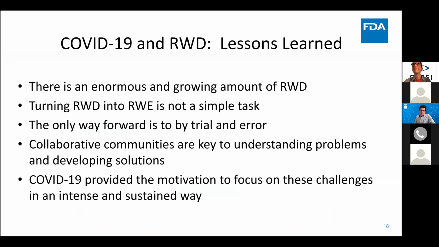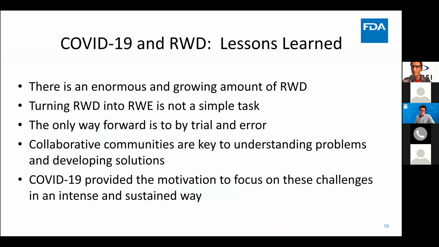and just to re-emphasize some points we've made in this discussion. There's an enormous and growing amount of real-world data. Again, thinking back to that health data ecosystem slide, turning real-world data into real-world evidence is far from a simple task, but an enormously compelling and important task.